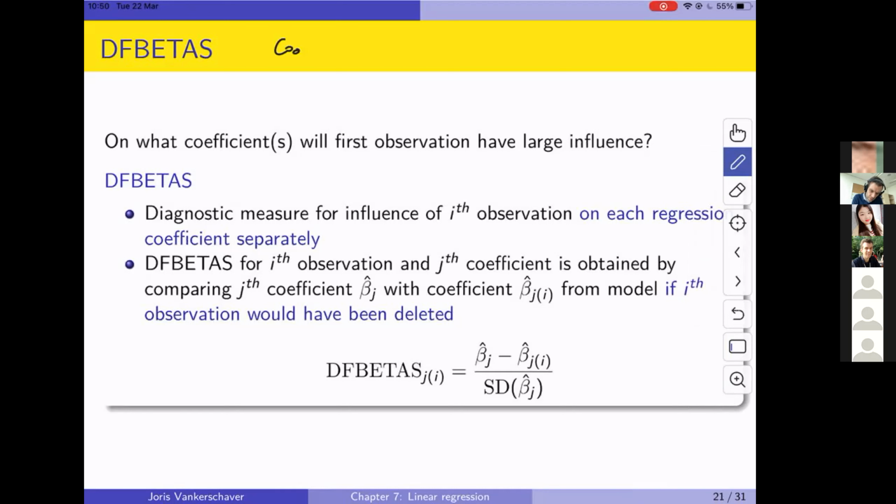So with Cook's distance, what we did is we looked at the influence of points on the predictions. So as a matter of fact, to put this in a different way, we look at the influence of points on the entire regression line.